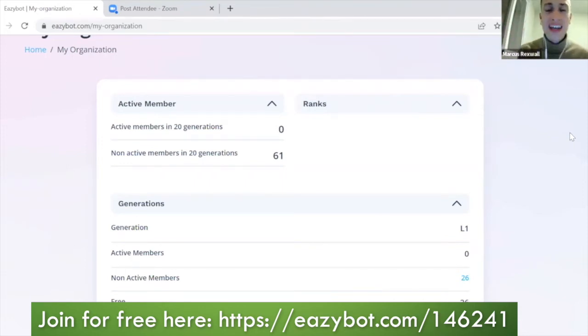We have 13,000 people currently in this company, and I believe there's going to be hundreds of thousands and millions of people when they see the power of what Eazybot has to offer. And when we get started right now, sharing our links like crazy, these hundreds, these thousands, tens of thousands, hundreds of thousands, even millions of people can be branching out from our network.